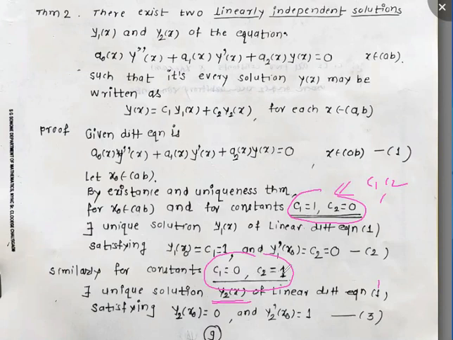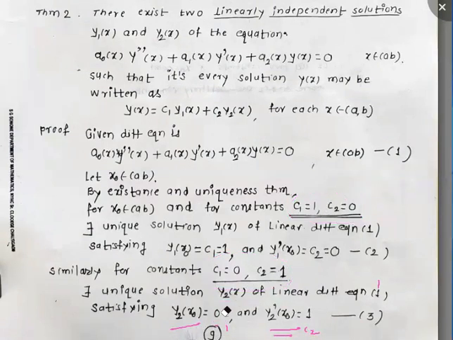So for these two constants, where c1 is 0 and c2 is 1, there exists a unique solution y2 such that its value at x0 is 0 and the value of its derivative at x0 is 1. That is, this is your c1 and this is your c2. The value of this solution at x0 will be c1, which is 0, and the value of its derivative at x0 will be c2, which in this case is 1.